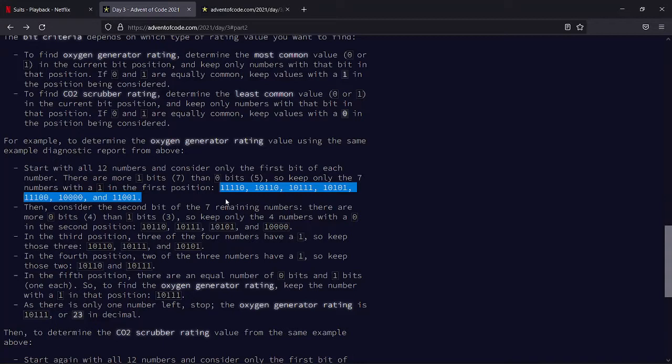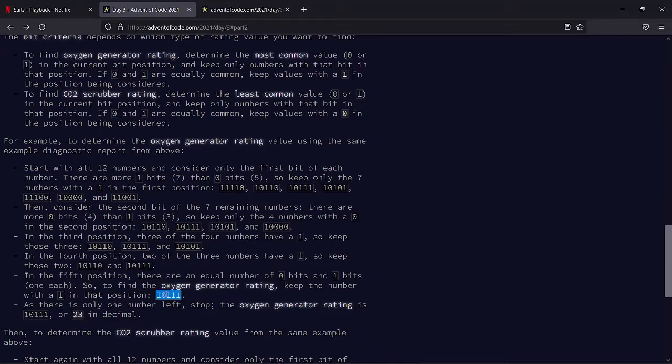So we keep the numbers which have 0, and we remove the numbers which have 1 in the index 2, which means we will remove this, this, and this. But we will keep this, this, this, and this. And likewise, we keep repeating the process till we only have one element left, and that would be the oxygen generator rating.